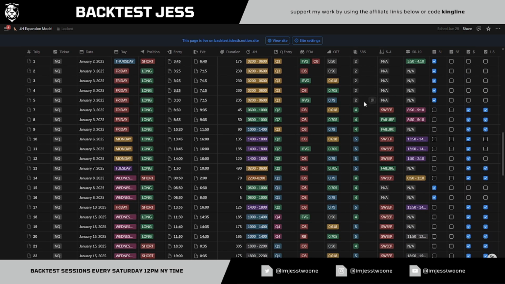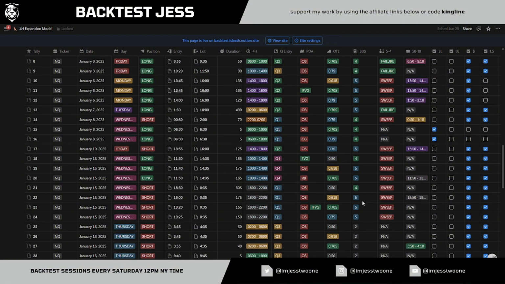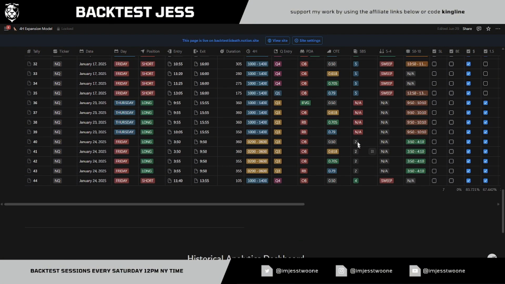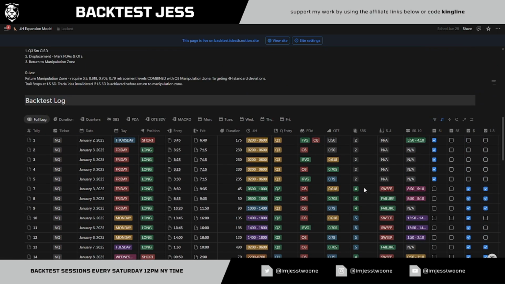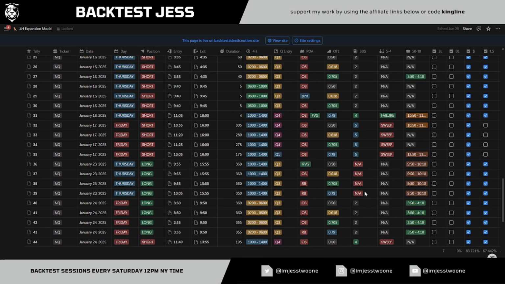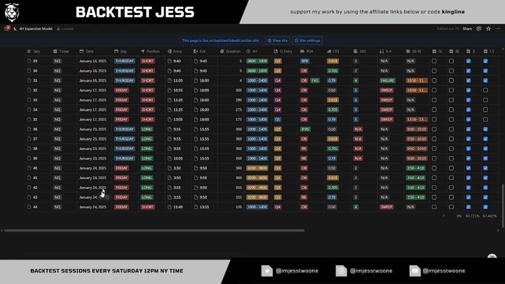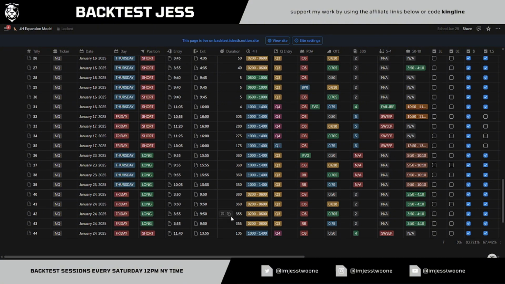We are still testing against SBS, meaning we're still recording what SBS swing it ends up being, but we are no longer requiring that as entry criteria. Because of that, in the last session, we were able to lock in a decent amount of reps. I think in the last session alone, we got about 10 reps. So it's all looking really good now.